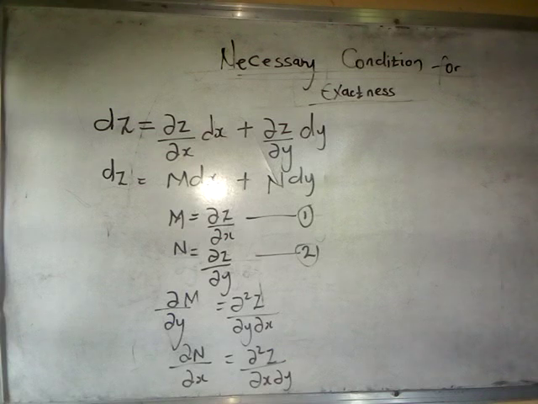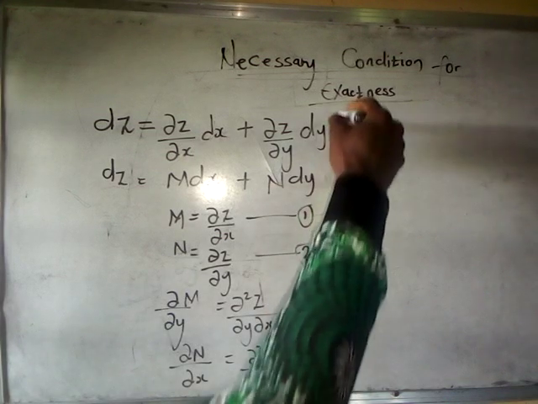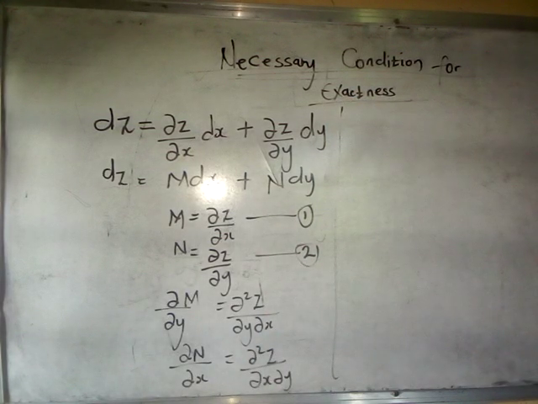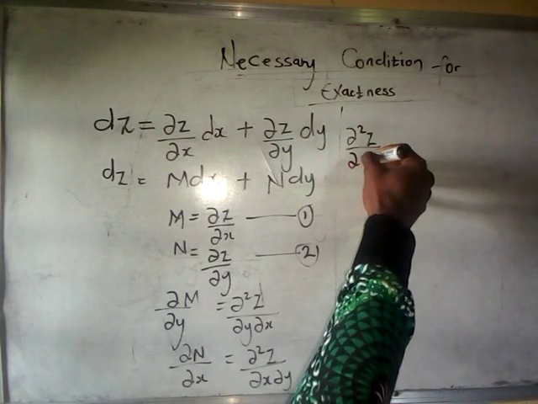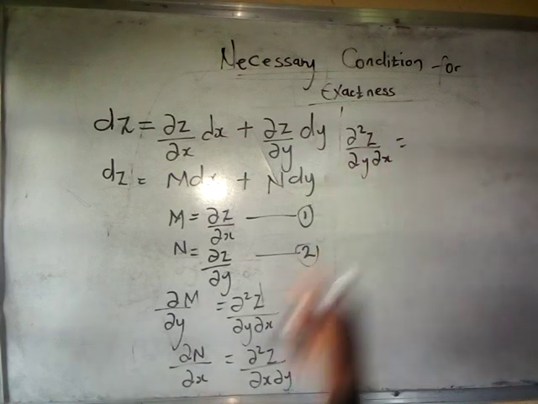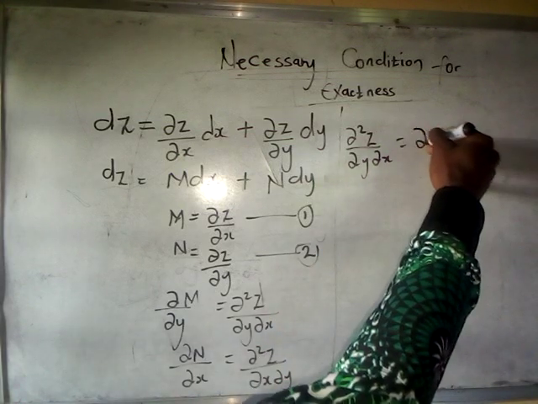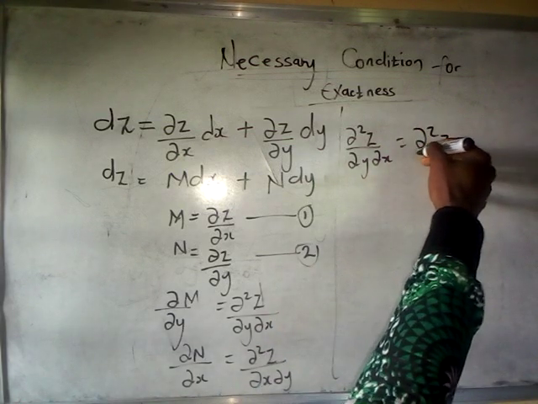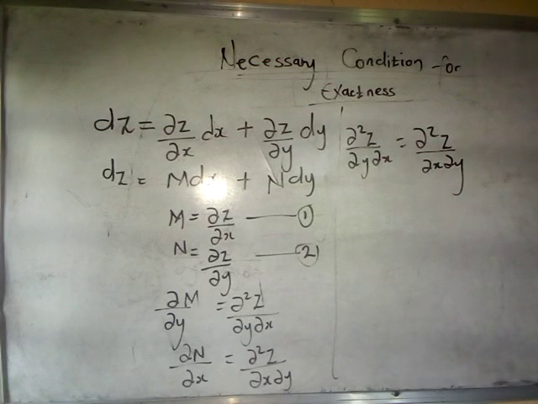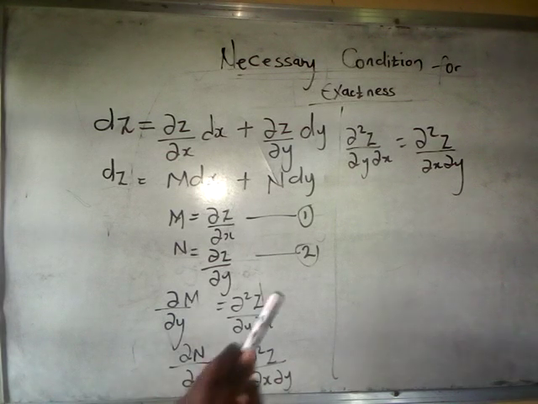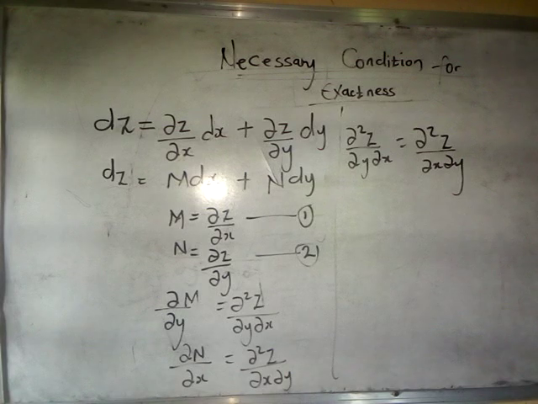Now, if the mixed partial derivatives of z with respect to y and x are equal, that means that it is continuous.